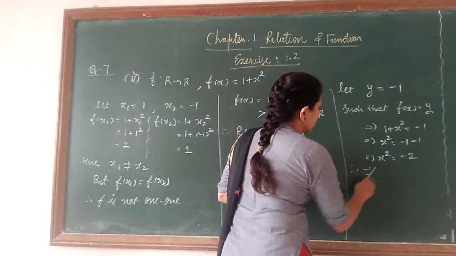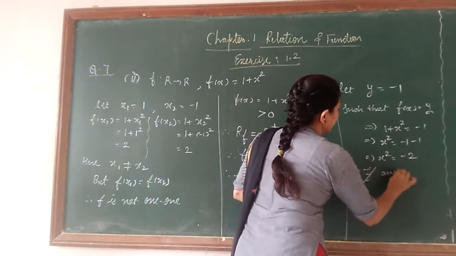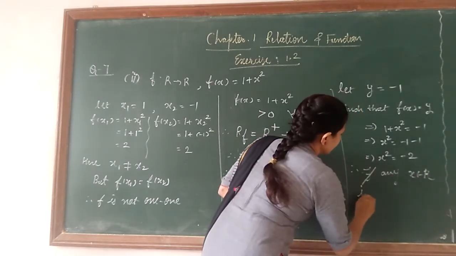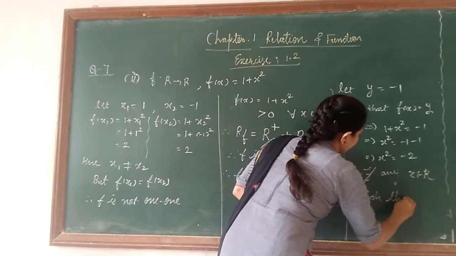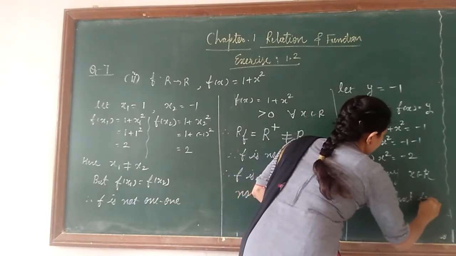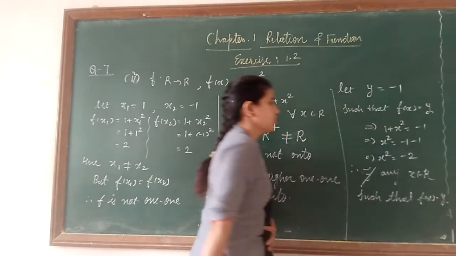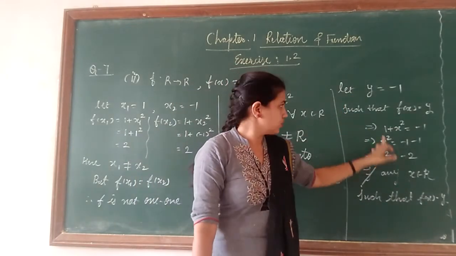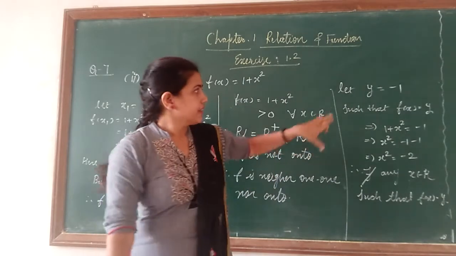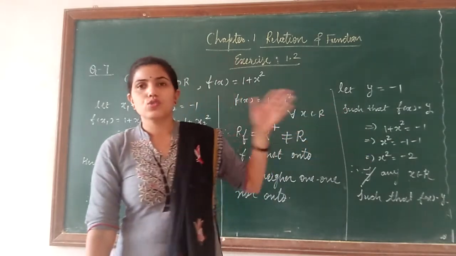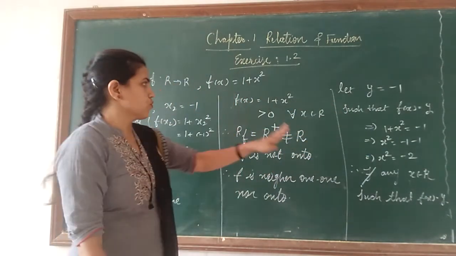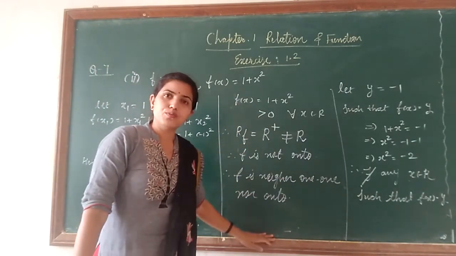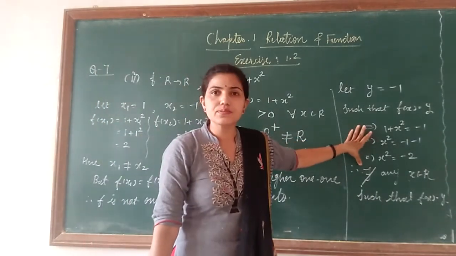Therefore, there does not exist any x belongs to R such that f of x is equal to y. Okay, so for this type of y, we can find there does not exist any x. This is the second method, so you can use any one of these. I usually use the range of f, so you can do it by this or you can apply this method.